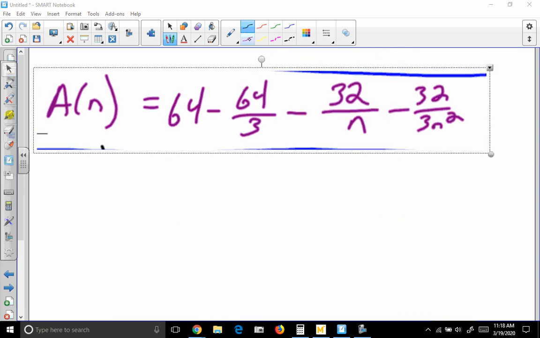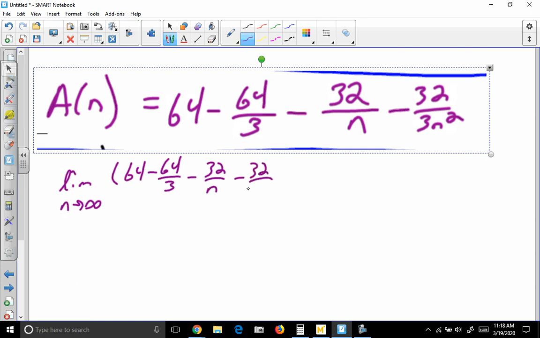So if that's the area for a finite number of rectangles, the limit as n goes to infinity of 64 minus 64 thirds minus 32 over n minus 32 over 3n squared, and whatever we get, that's our actual area.